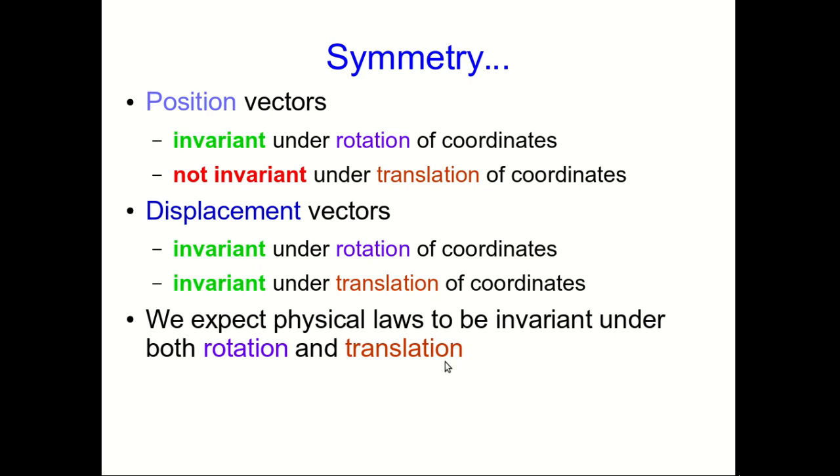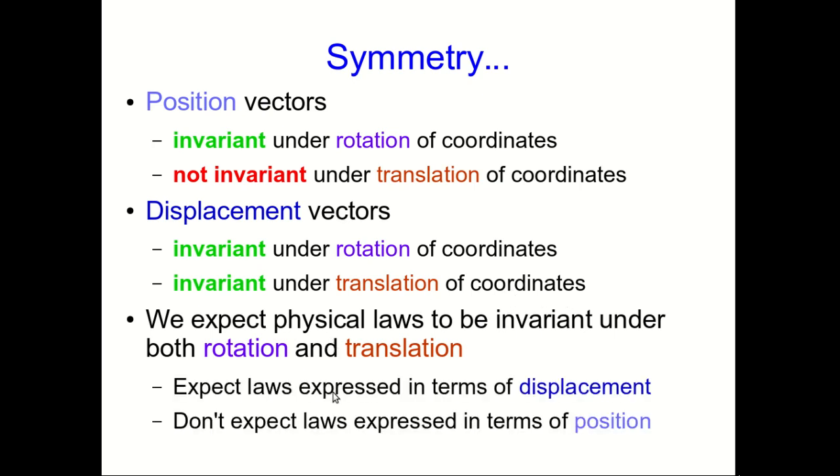It would be rather strange if our physical law had to be rewritten every time we choose a new coordinate system. Given that, we can expect that we may have physical laws that are expressed in terms of displacement, because those would be invariant, but we don't really expect to find any laws that are expressed in terms of position, because those wouldn't have the right invariance.